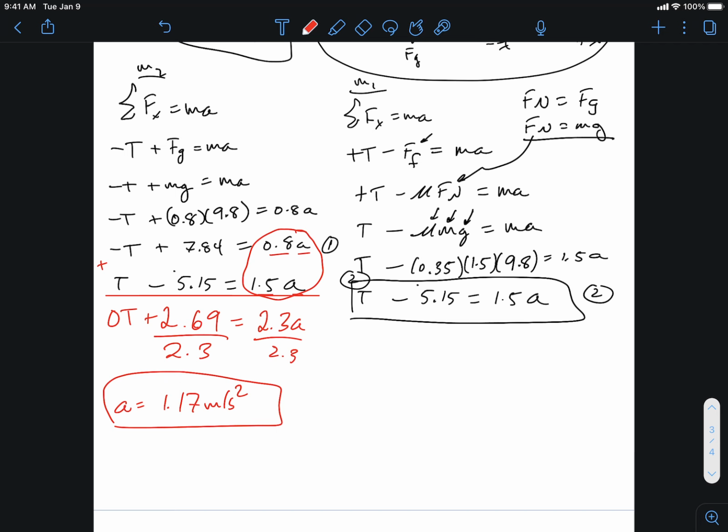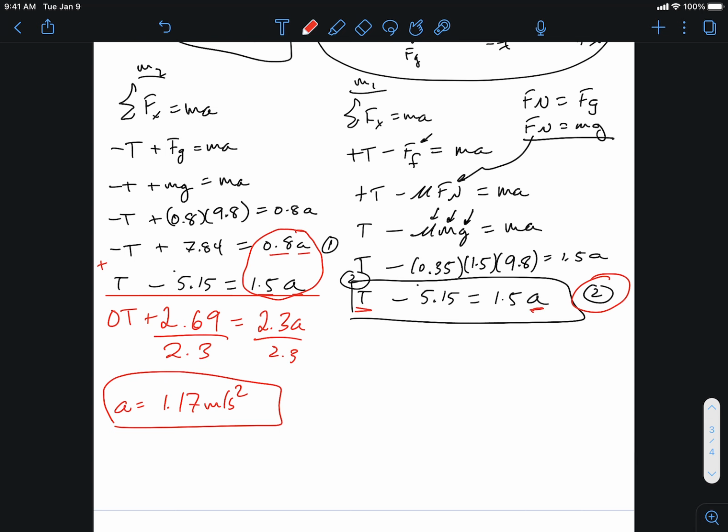That's the acceleration of the whole system. It's a system because it's connected with that rope, and so what acceleration one box feels, the other one has to feel. So we get one acceleration for the entire system there. And because it's one rope now, you guys can go back. I'm going to use equation 2 to solve for tension because now I know a.